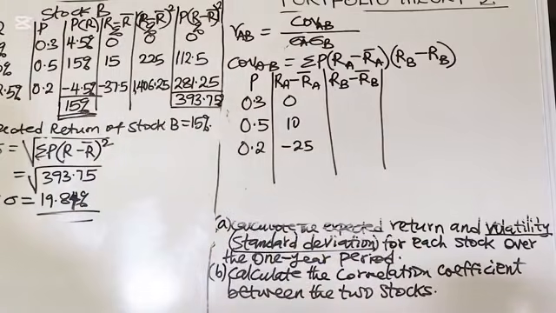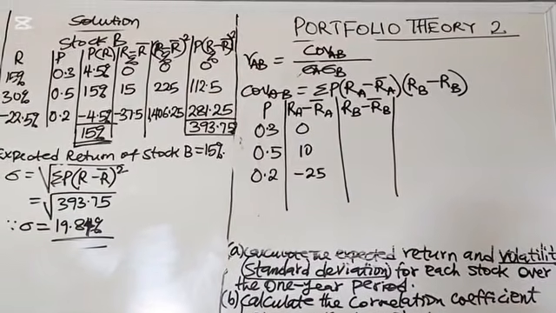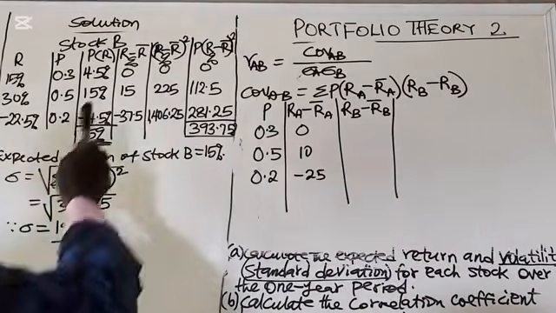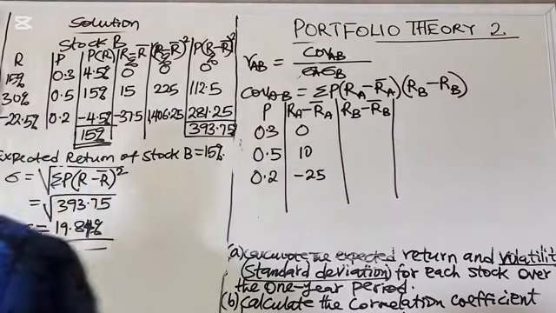For stock B, that has equally been calculated, and we got that of stock B, R minus R bar, to be 0.15 minus 37.5.